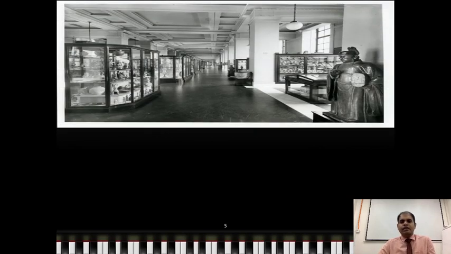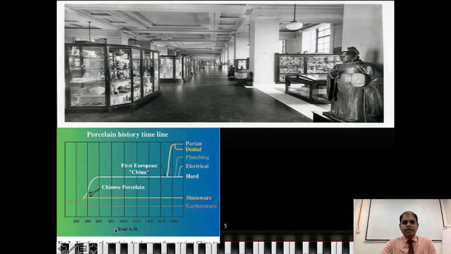We have seen in the past, in various places around the world, many museums with collections of ceramic. If you look back at the history chart, from 200 AD towards 1800 AD, we can see the first porcelain was invented by the Chinese. It is called Chinese porcelain, from somewhere between 400 to 600 AD.